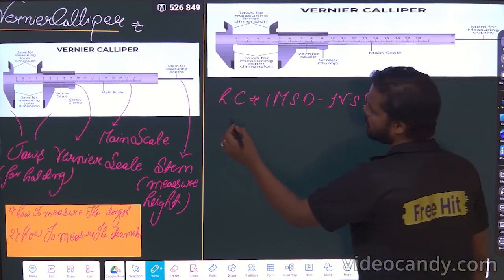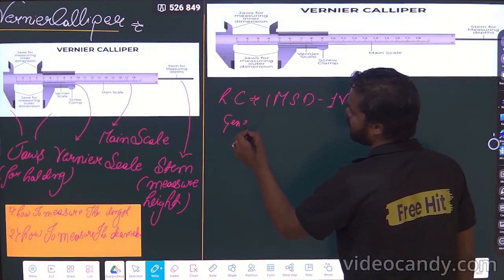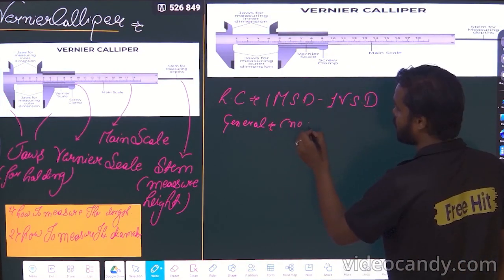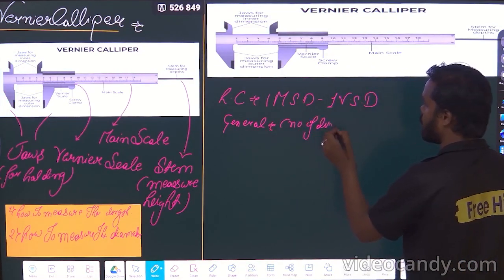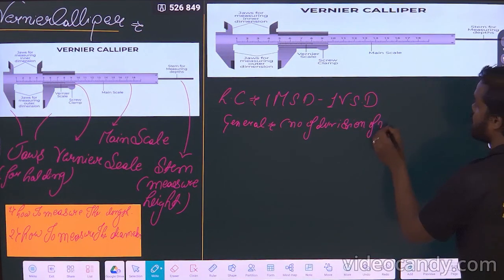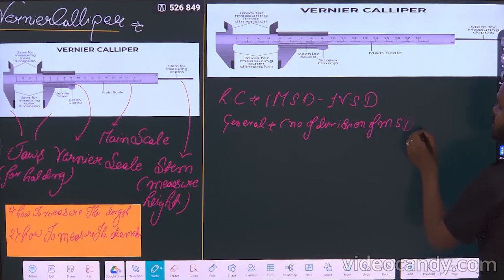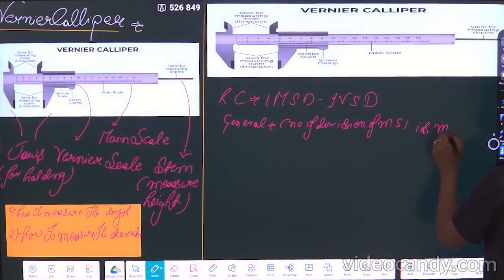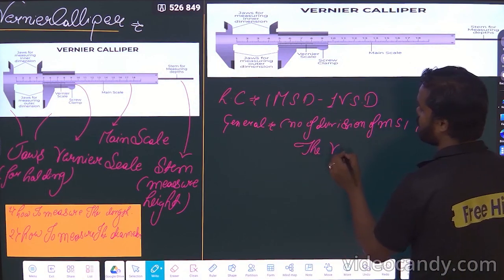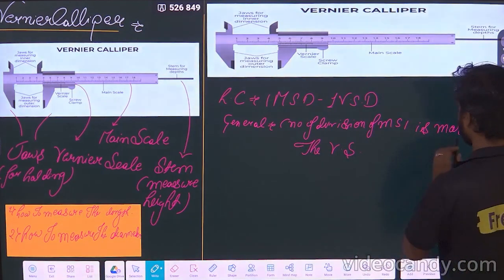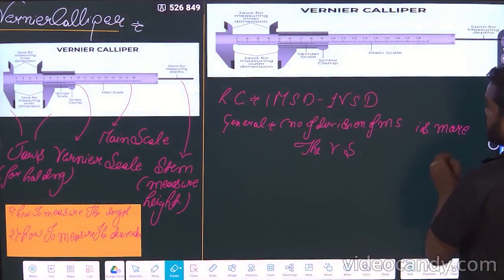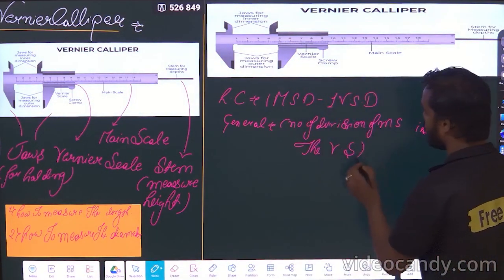Generally you will see that is the general condition: the number of divisions on MSD is more than VS, means the number of divisions on the main scale is generally more than the number of divisions in the vernier scale.